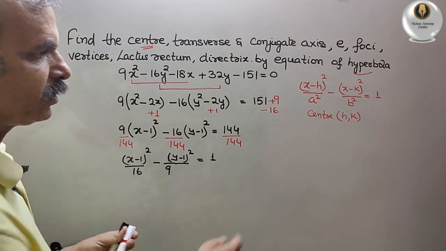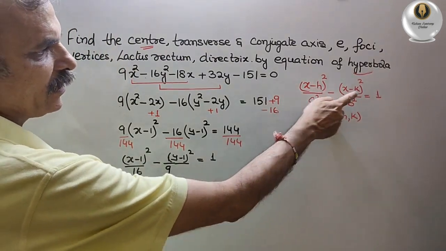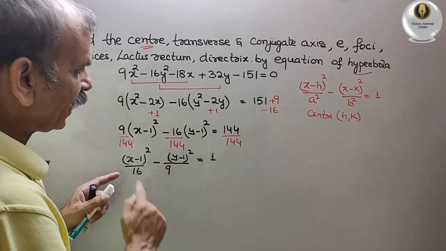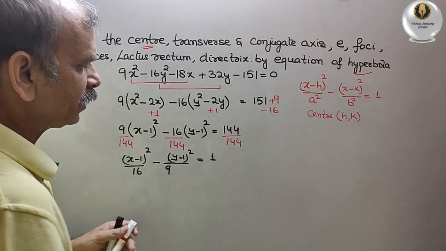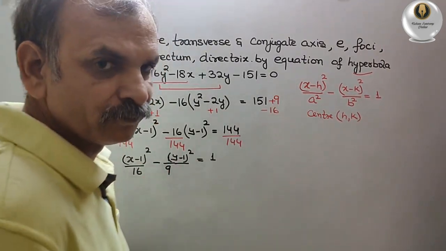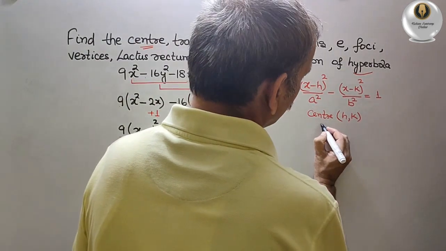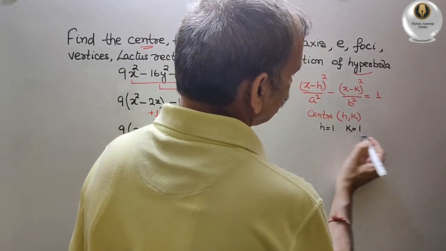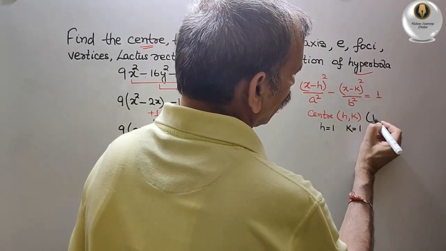How can we find it out? The center is h and k. Both here are in minus form, so h is 1 and k is 1. So we can say h is equal to 1, k is equal to 1, and the center coordinates are (1, 1).